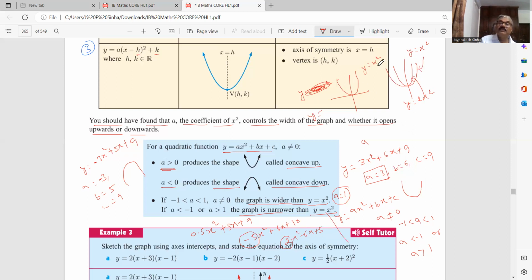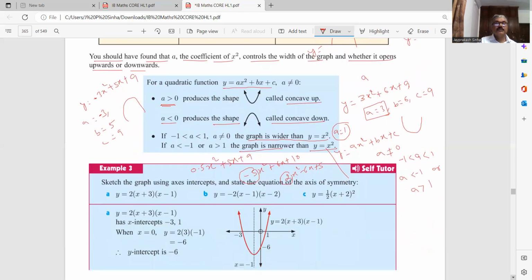If this is y is equal to x square, and if y is equal to 0.5x square, then it will be wider. This is the meaning. This is for y is equal to 0.5x square, and this is for y is equal to x square. This is the meaning.